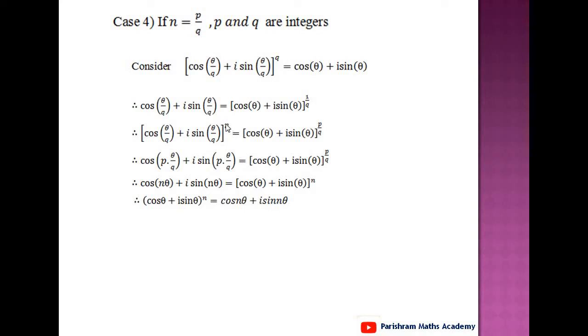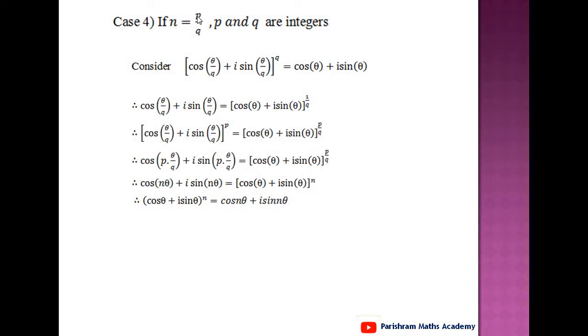Then taking the pth power on both sides, that is (cos(θ/q) + i sin(θ/q))^p is the same as (cos θ + i sin θ)^(p/q). On the left hand side, here p is again an integer, and therefore the left hand side, by using De Moivre's theorem from the first case, can be expressed as cos(pθ/q) + i sin(pθ/q), because p is an integer, equal to (cos θ + i sin θ)^(p/q).